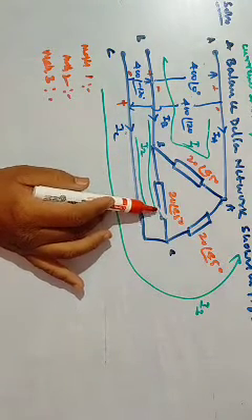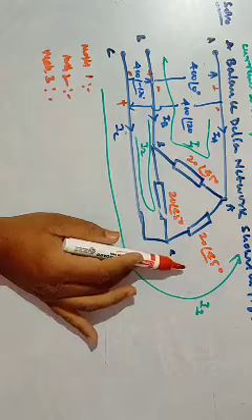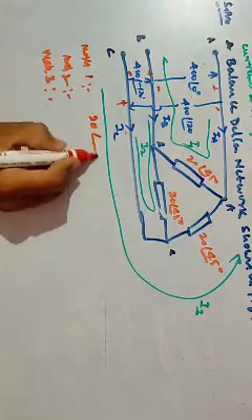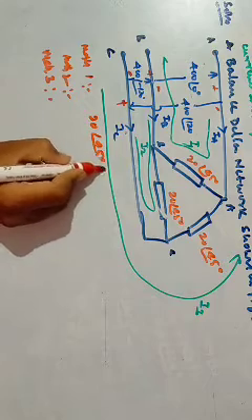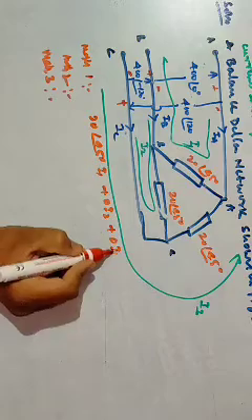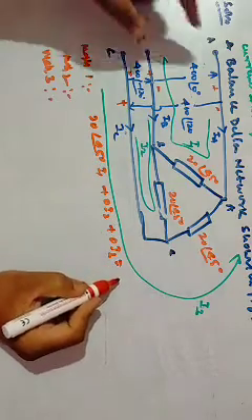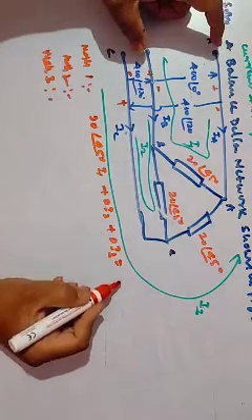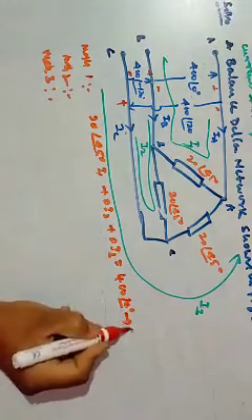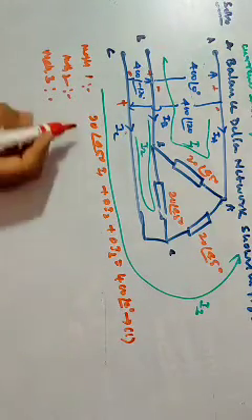In mesh 3, only I3 is flowing. So we can write that as 20 at an angle of 45 degrees I1 plus 0 I2 plus 0 I3, which is equal to the voltage for mesh 1, 400 at an angle of 0 degrees. This is equation number 1.